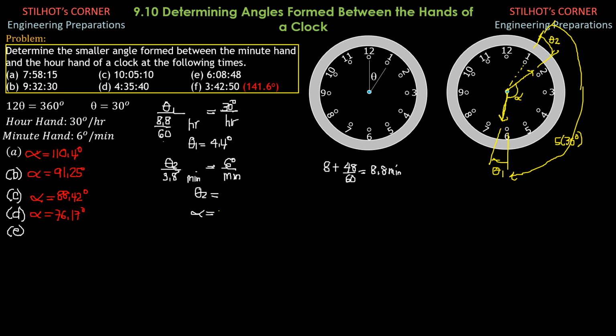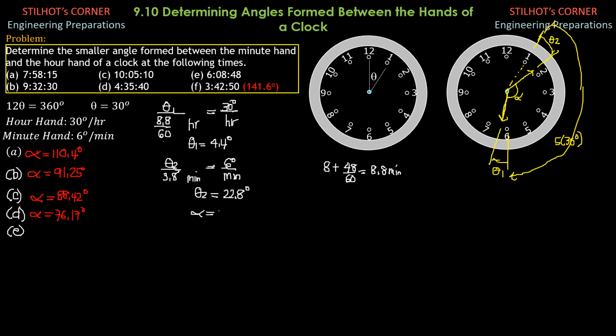So that means this portion between 1 and the final tip of the minute hand is 3.8 minutes, 8 minutes 48 seconds minus 5 minutes. Then theta 2 can now be computed. 3.8 times 6 is 22.8 degrees.